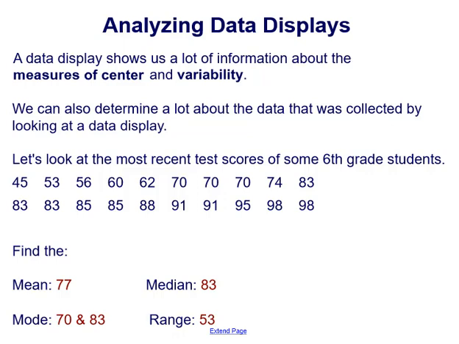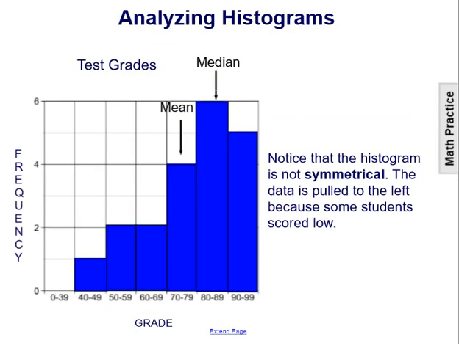Now, if we graph this in our first data display, a histogram, we notice that the histogram is not symmetrical. It doesn't have an even amount of data points on each side. Most of the data is towards the right, but the data is being pulled to the left because some students scored lower.